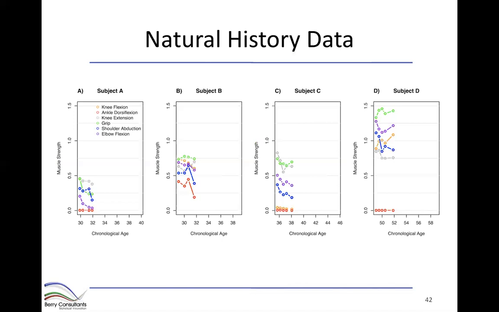So this subject D is completely progressed on their ankle dorsiflexion, but at or above 1 for the other muscle groups. So we need to incorporate this subject-level random effect, like we did in DIAN, to estimate at healthy how much stronger you tend to be than the average person.